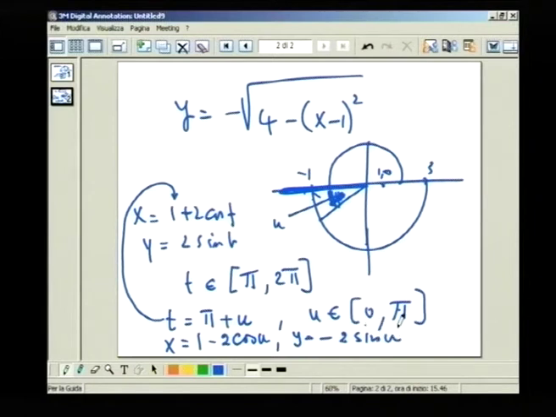So you have now new coordinates x and y, such that the parameter u starts from 0 till pi, subject to x is equal to 1 minus 2 cosine u, and y is equal to minus 2 sine u. In fact, the sine function is positive from 0 to pi, but here y is negative because it's below the x-axis.